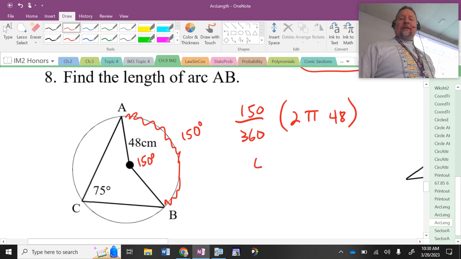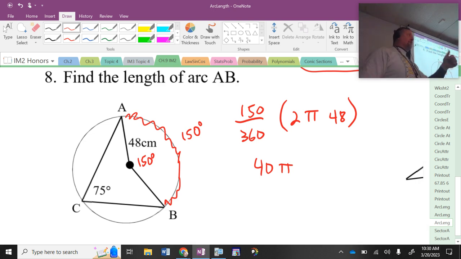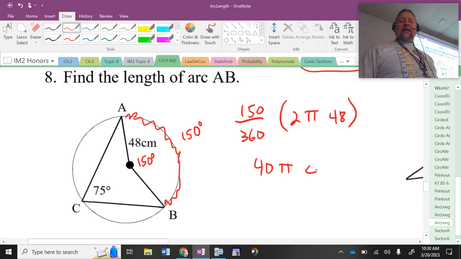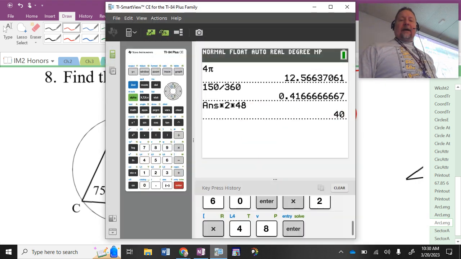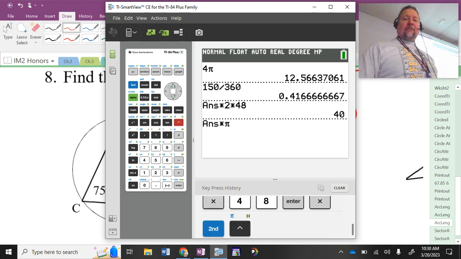Remember, I never touched the pi button. So you tack on pi like a variable, even though it's not a variable. Variable means changing. Pi is 3.14, and so on. Anyway, centimeters. And then you go back and hit times. You've got to hit the times button. And then second, caret.